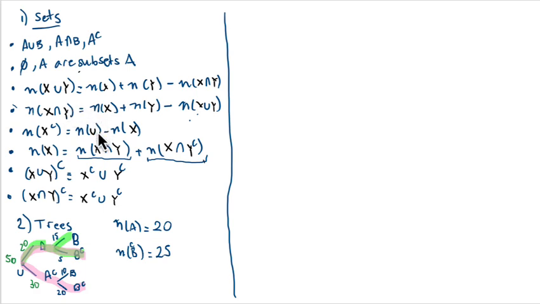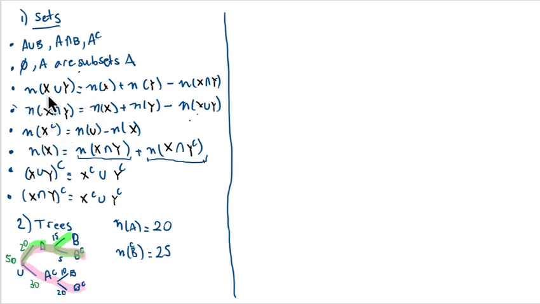So these equations are valid for all x's and y's. You could set a problem where x is a and y is b, or a problem where x is a, b and y is a. It depends on the problem.